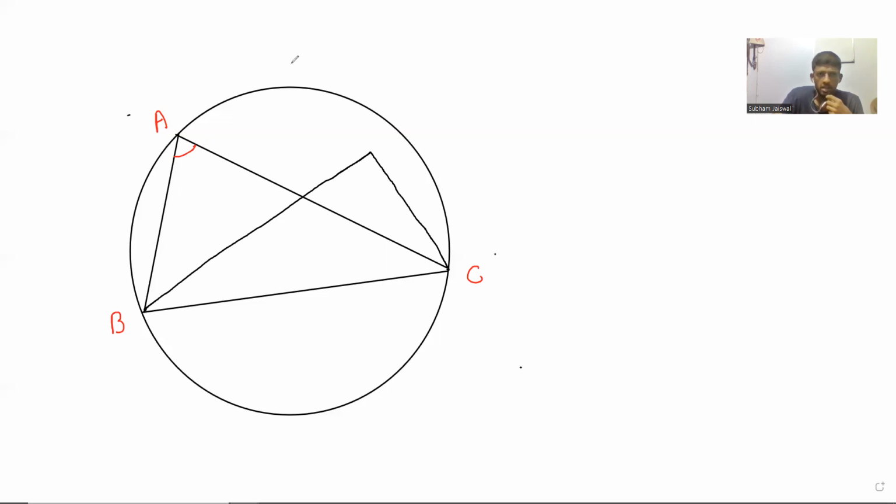Nothing is given except that this angle is given. This is, let's say, D. We want to show, and this would be slightly a different kind of question than what you would have seen so far, show that D is on the circle.